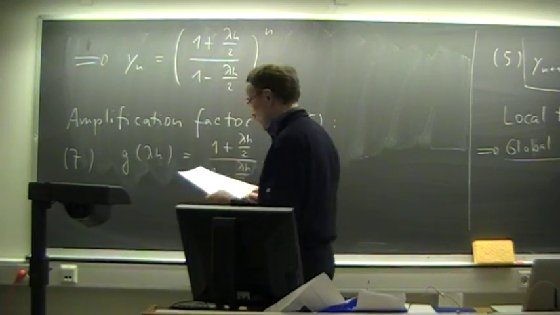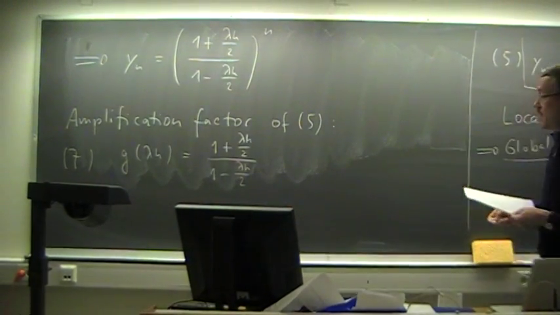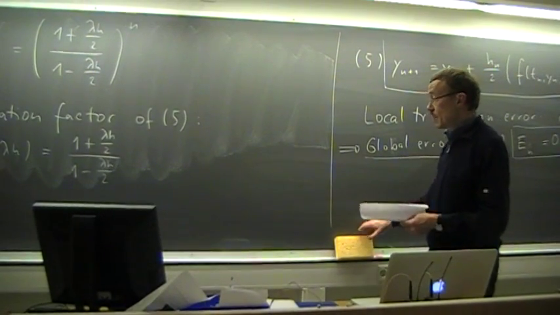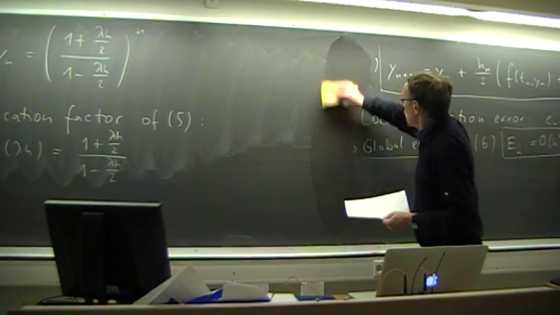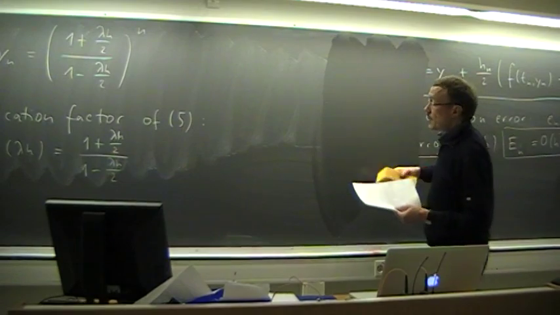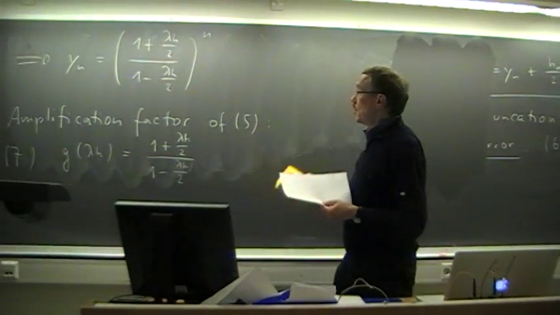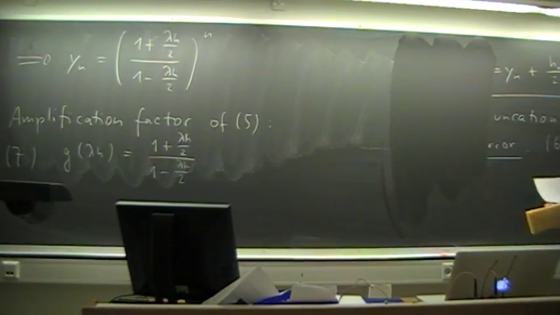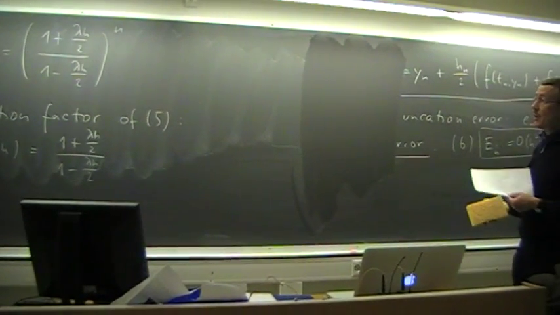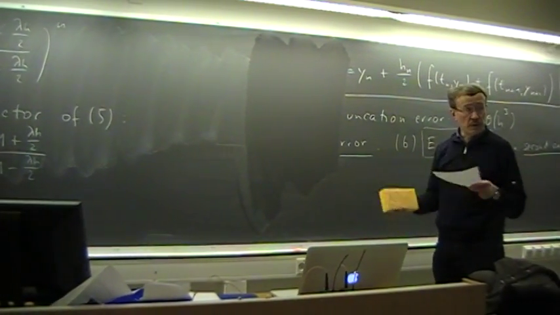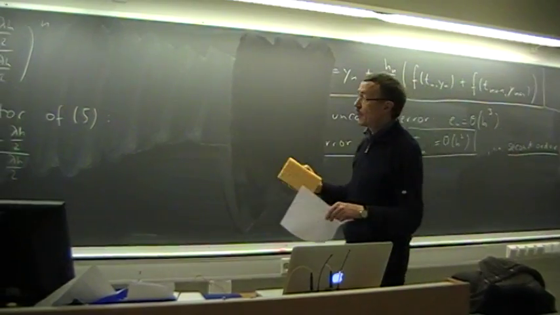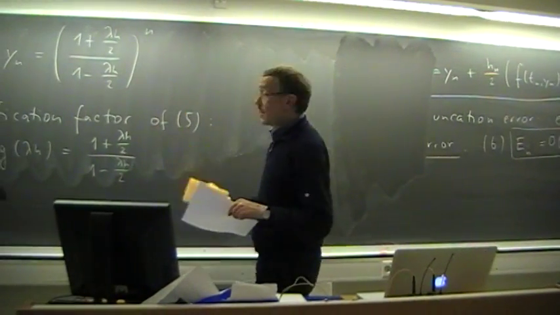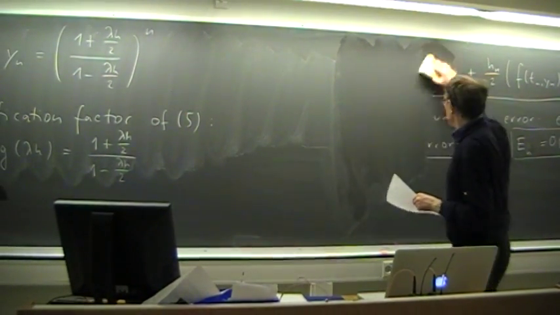So that is what we get. And then we can easily get from that a stability condition. Because we see from this, if we let n go to infinity, it will get only bounded if the absolute value of the amplification factor is smaller or equal 1. That is our stability condition.